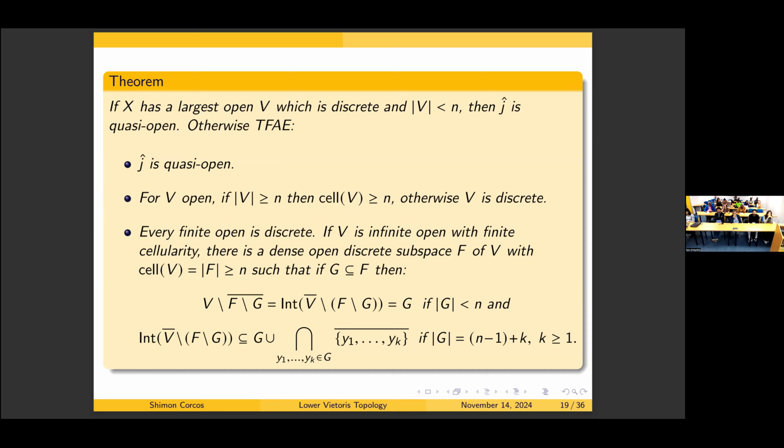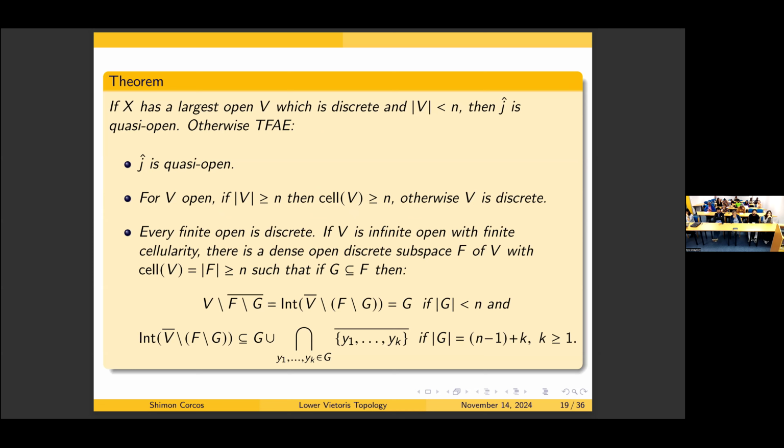But what is important is that if you assume that such an open set does not exist, then J hat is quasi-open if and only if, whenever V is an open set in X which has more than n elements, then its cellularity must be at least n. Otherwise, V is discrete.